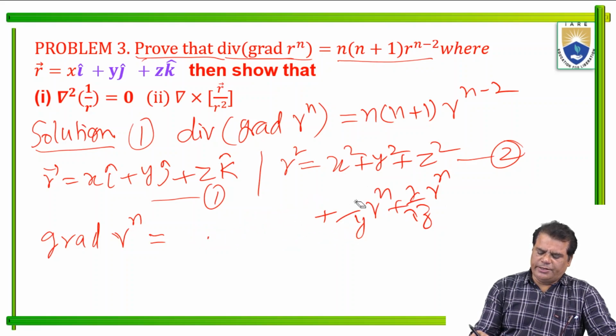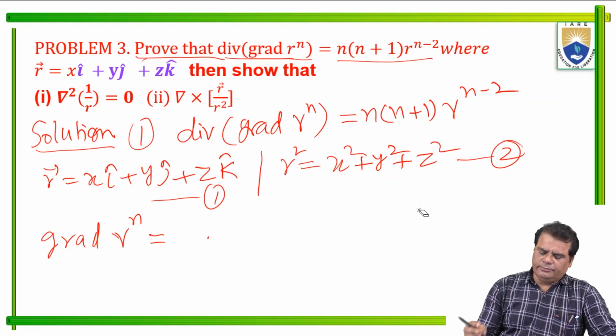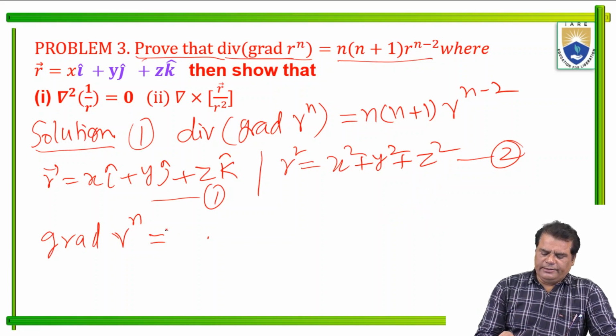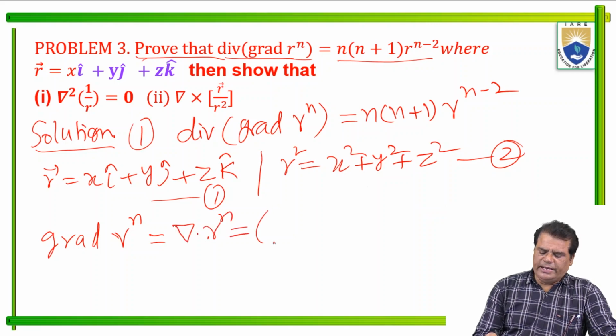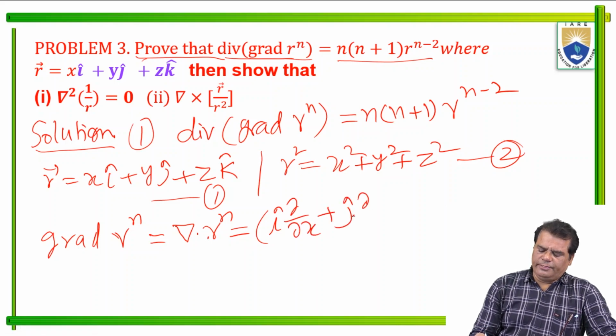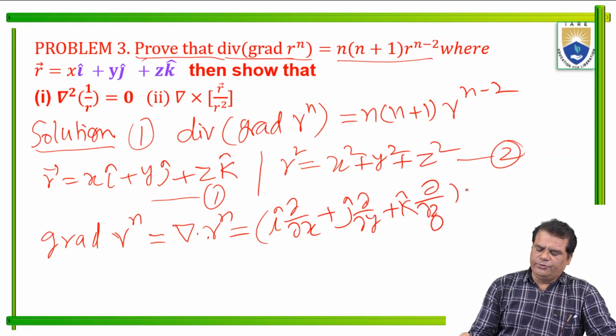This is a vector quantity. So I am solving it like this. This is del r to the power n. Del is i dou over dou x plus j dou over dou y plus k dou over dou z, multiplied into r to the power n.